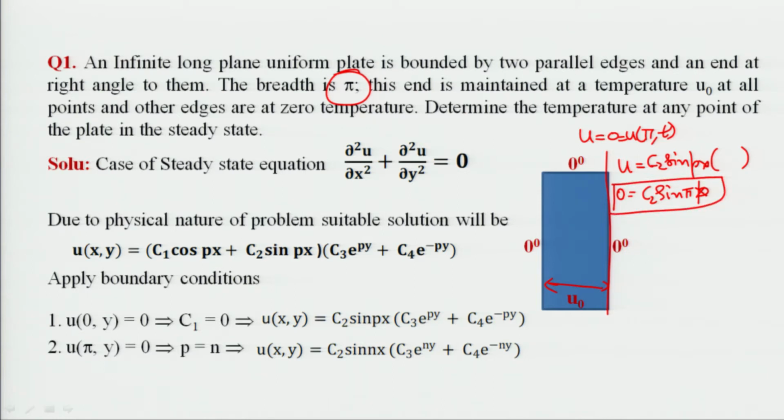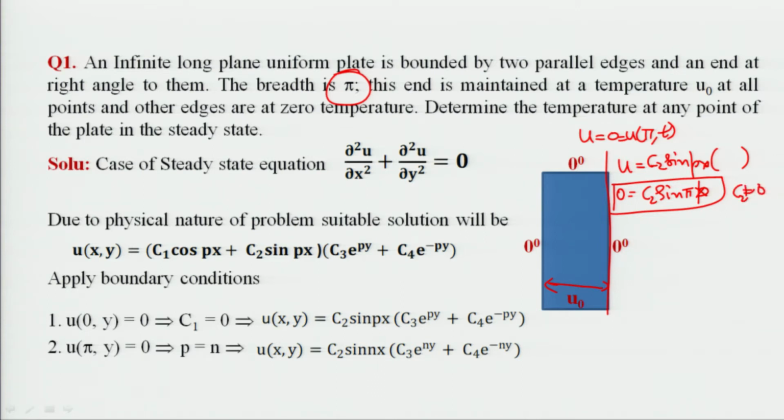Why? Because if we assume that C2 = 0, C1 had already been 0, so C2 would again become 0, then the x component would be eliminated from the system. So, here C2 can't be 0.